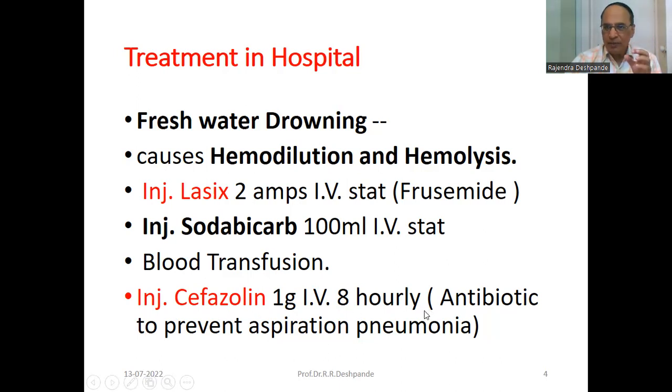This is an antibiotic. It will prevent aspiration pneumonia, because sometimes some water and contaminants can go into the lungs and there may be pneumonitis. So to prevent that, an antibiotic is started immediately intravenously, cefazolin 1 gram intravenous 8-hourly. So 3 drugs should be given to the fresh water drowning case: Lasix, soda bicarb, and an antibiotic.